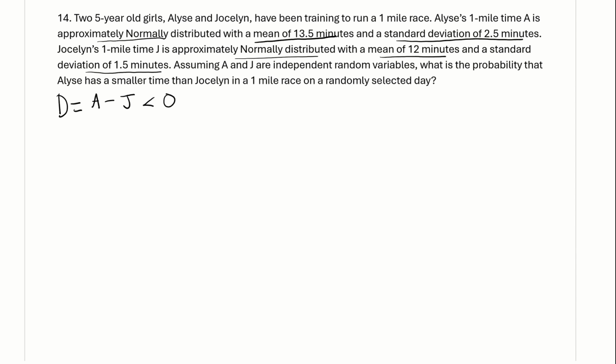Okay, now we can do this transformation because remember, this is a subtraction transformation. It does not affect the shape of the distribution. So we know that the shape of the distribution is going to be normal, approximately normal. Now, how do we get the distribution of this?